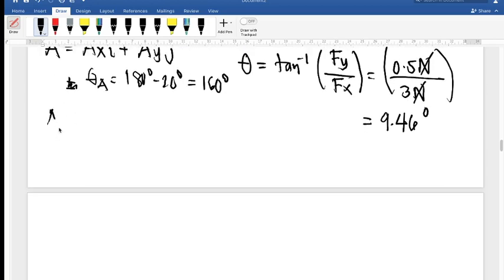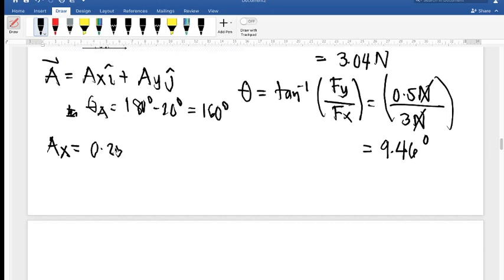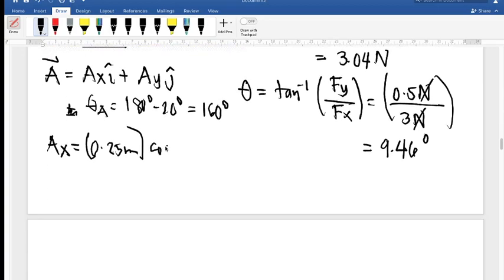So we have Ax. The magnitude of A is 0.25 meters, tapos cosine theta, cosine of 160 degrees. So 0.25 cosine of 160, and that is equal to negative 0.23 meters.